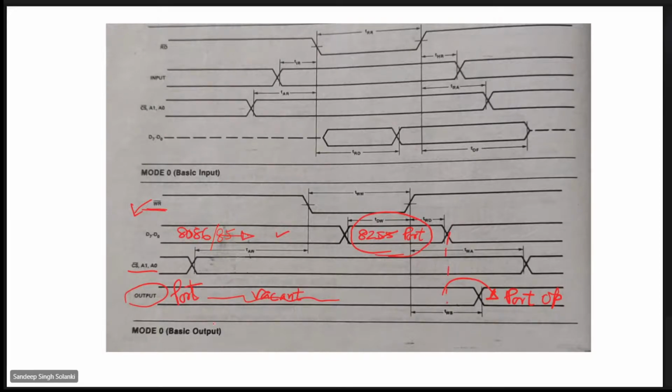First, I'm going to take the output, that is this. So the first thing is the write signal. What you find in your timing diagram is the write signal, then D0 to D7, then A0, A1 and CS, and output.